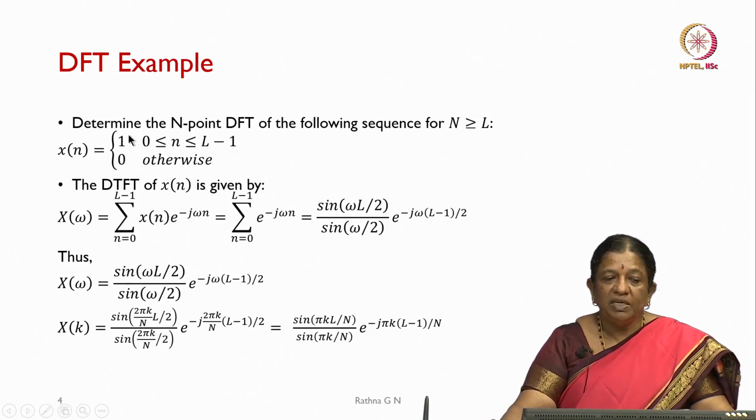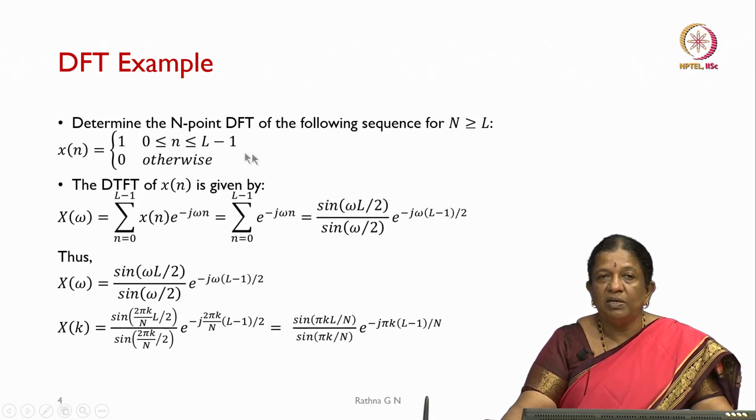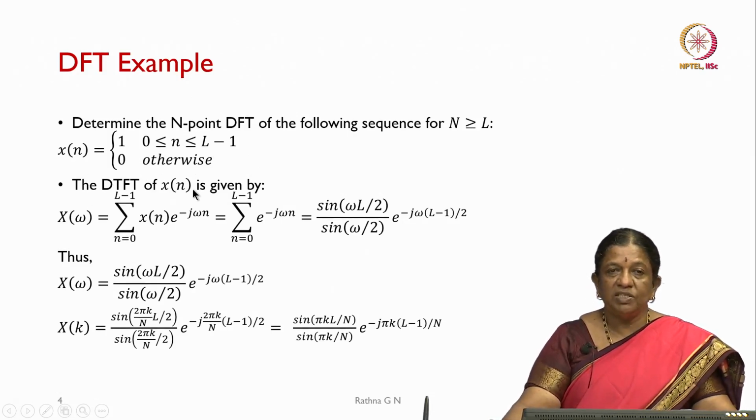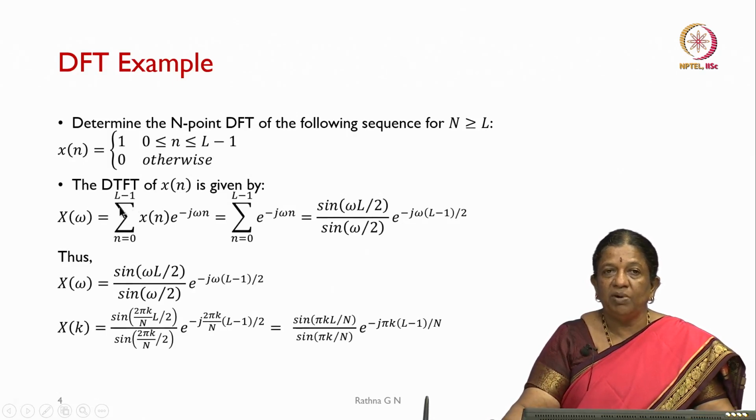We first determine the N-point DFT of the following sequence of length L. x of n is equal to 1 for 0 less than or equal to n less than or equal to L minus 1, and 0 otherwise. Then we can represent the DFT of x of n up to length L minus 1.